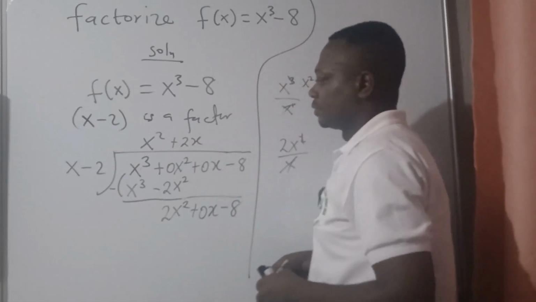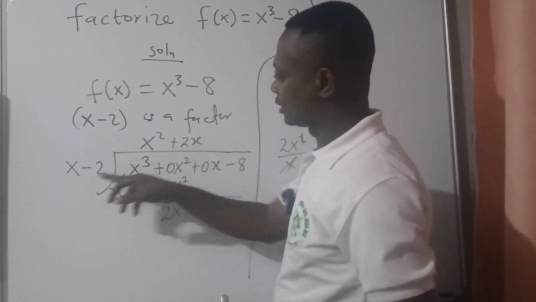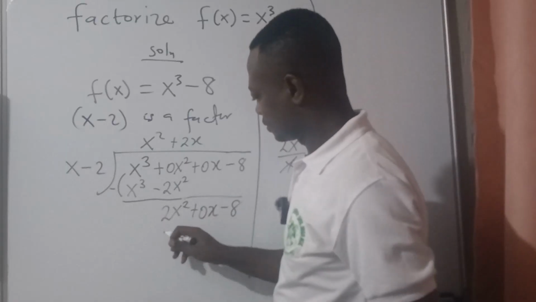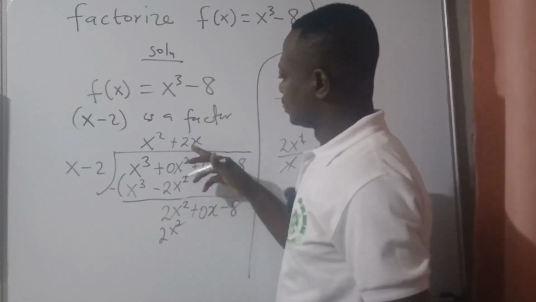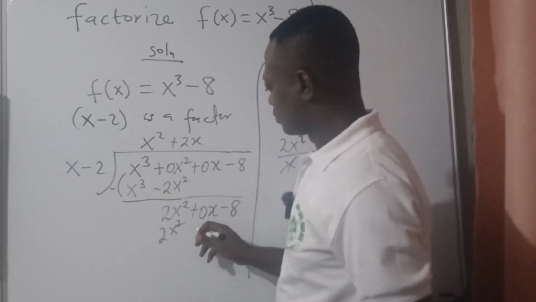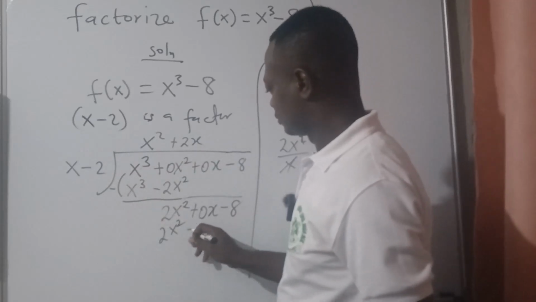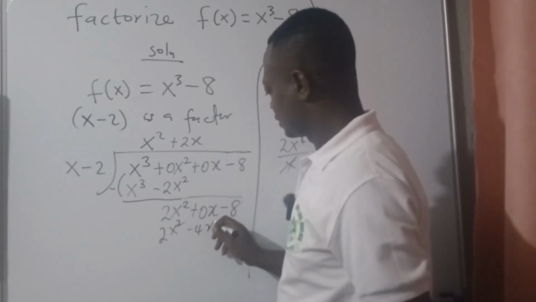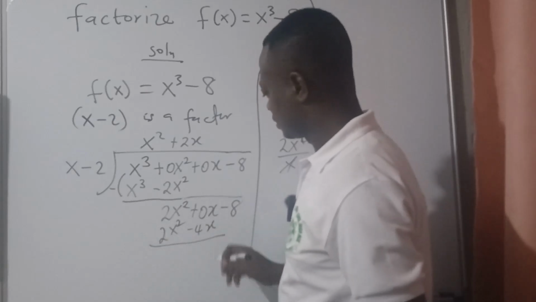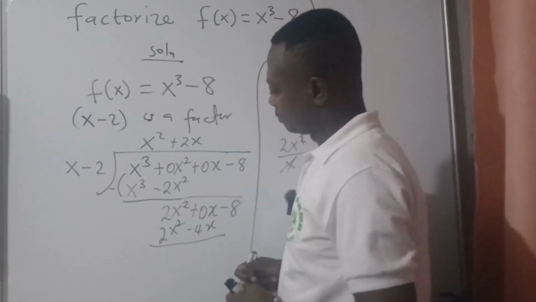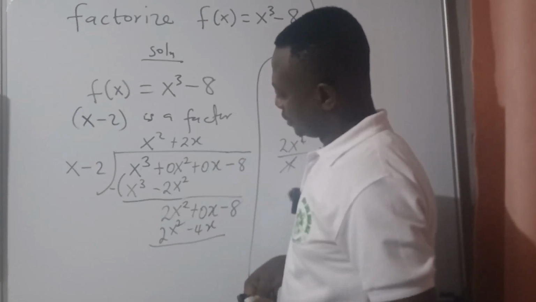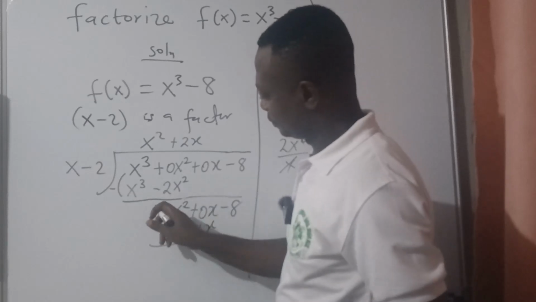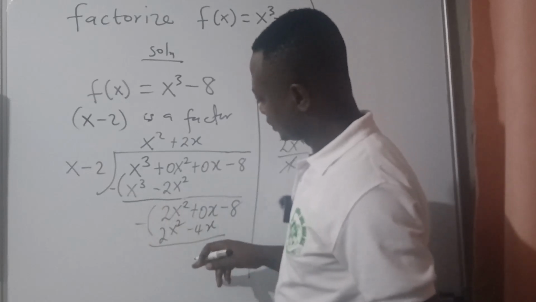Remember the rule. 2x times x will be 2x squared. And 2x times minus 2 will be minus 4x. So we subtract again. Once we do that, this minus that is 0.